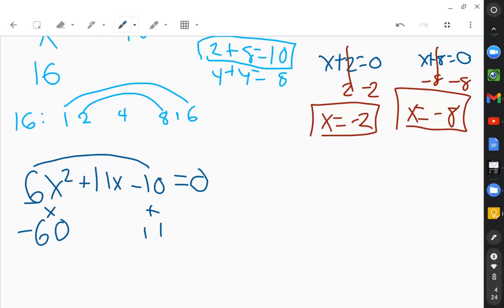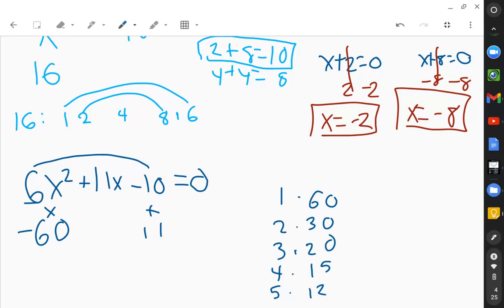So I'm going to write out all the factors of 60 as I can. So 1 times 60, 2 times 30, 3 times 20, 4 times 15, 5 times 12.